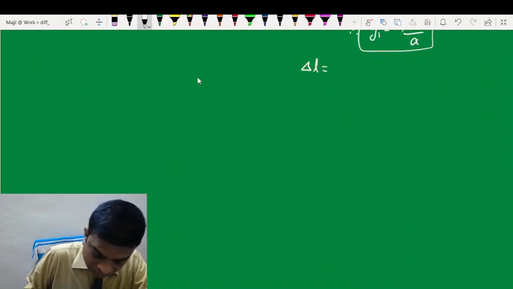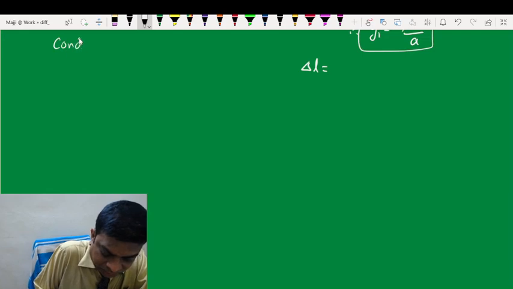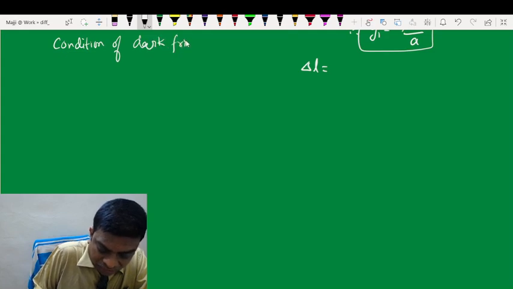Now we are discussing the position corresponding to secondary maxima.